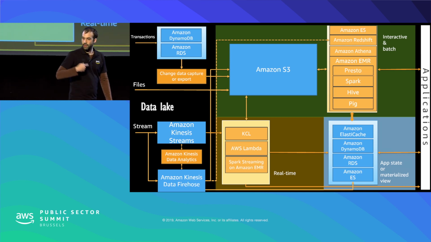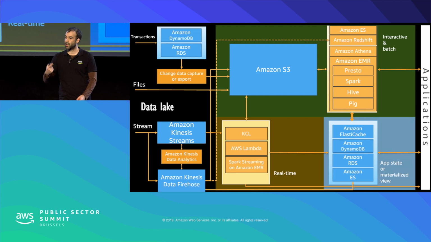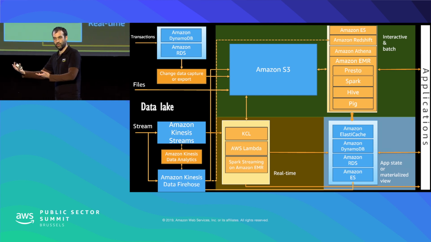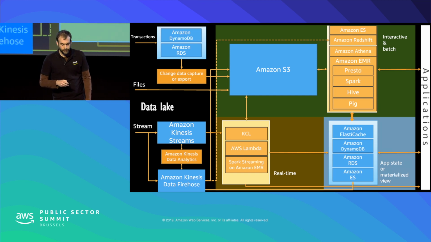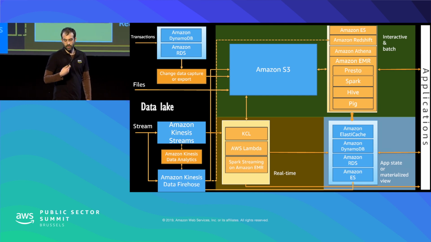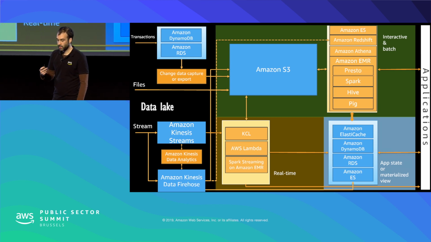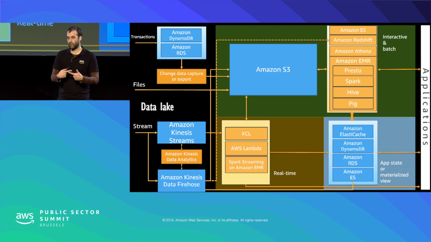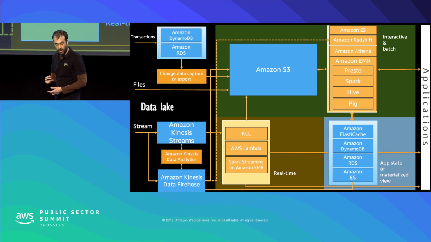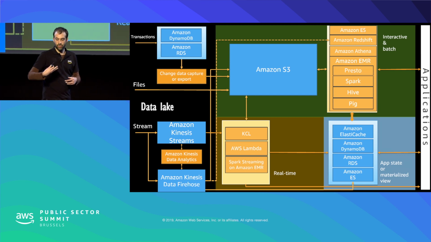For streaming data arriving, Data Firehose is a great way. You could use Kinesis Data Analytics to do analytics and then put the results back to a stream and then put them back to S3. From Amazon S3, you can then use Lambdas or Spark Streaming or, again, those KCL applications to do real-time analytics, and then you can load the data to some sort of application state or a materialized view so that you drive those dashboards.